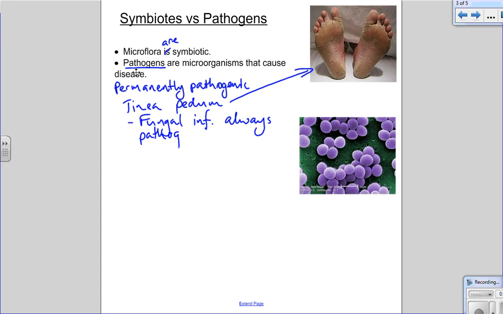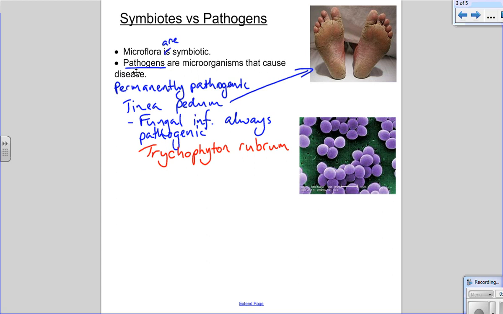It's never a good thing. It doesn't live in a symbiosis, and it is caused by the fungus, oh sorry, Trichophyton rubrum. An example that might be worth knowing.